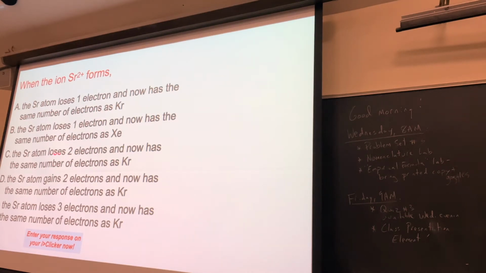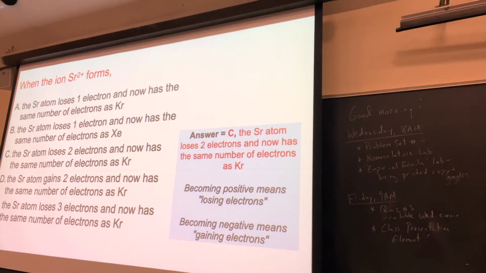Now it says the same number of electrons of either xenon or krypton. Well, the strontium plus 2 has 36 electrons, so if you go to the periodic table, number 36 right there is krypton. So for this one, it would be answer D.